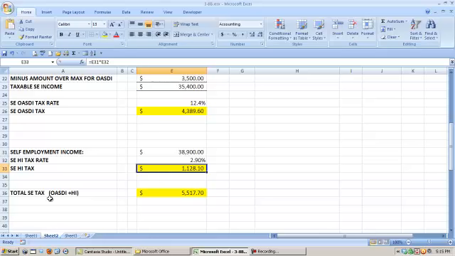So the total self-employment tax that he owes because of his accounting work is the total of these two: $4,389.60 for Social Security, and $1,128.10 for Medicare or HI. So that's a total of $5,517.70. This is the answer to Part B of question 3.8b.